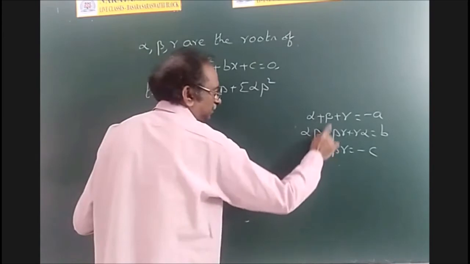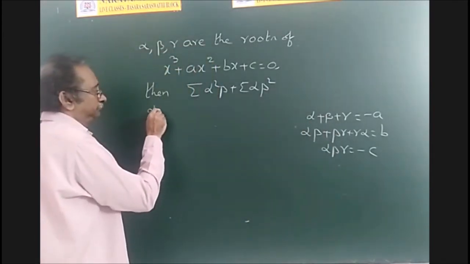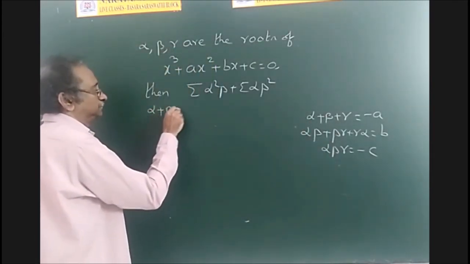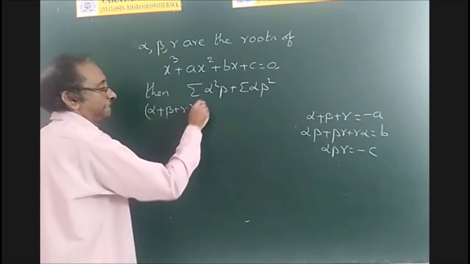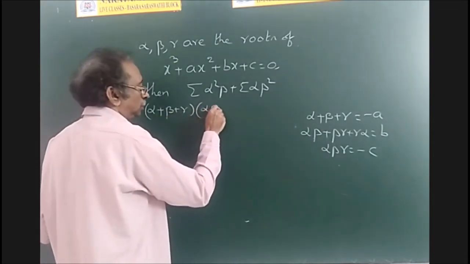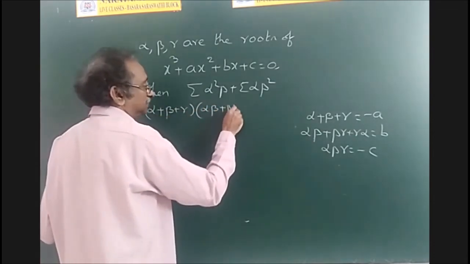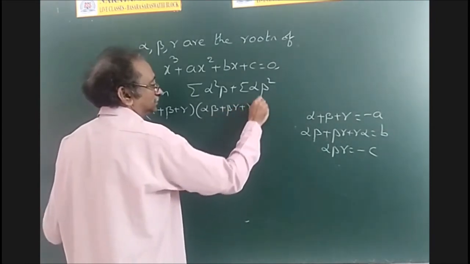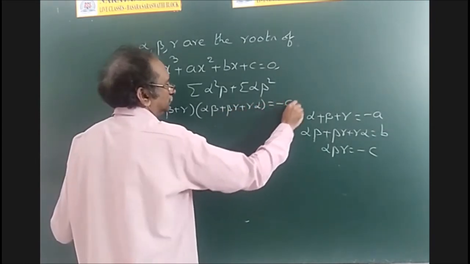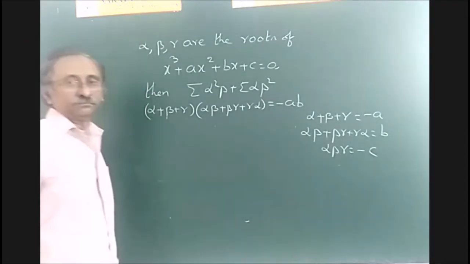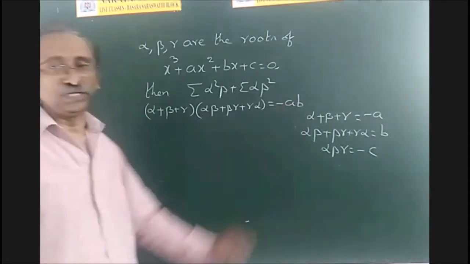See, multiply these two equations. Alpha plus beta plus gamma into alpha beta plus beta gamma plus gamma alpha is equal to minus ab. So I multiply these two equations.